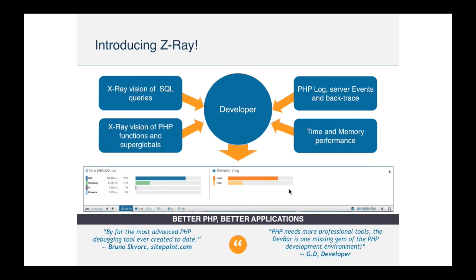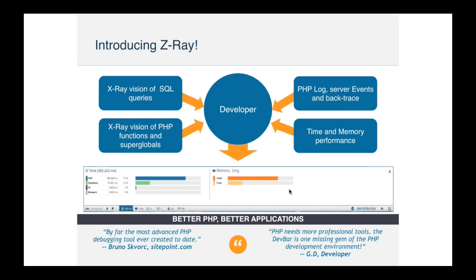So you can get a view of SQL queries, PHP functions and super globals, the PHP log, and even the backtrace log, which gives you an opportunity to check in the history what went wrong with your application, and also time and memory performance.